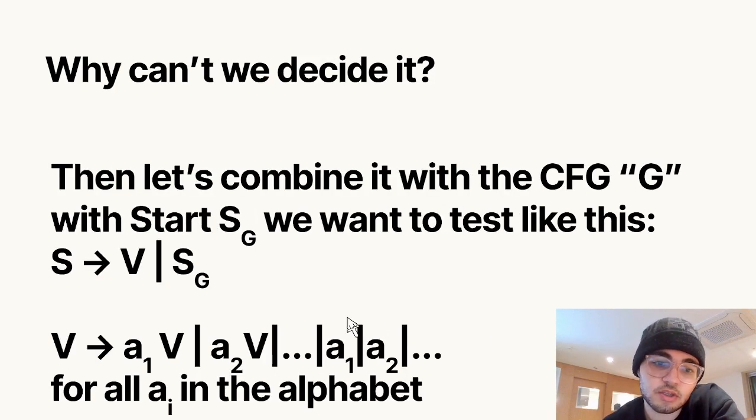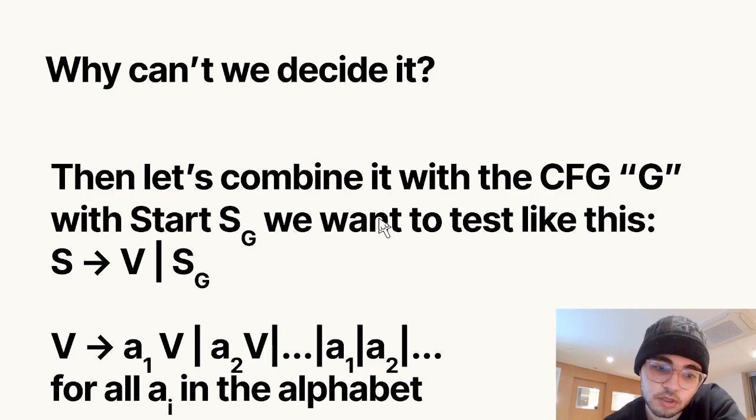So we can see two parts: the start variable of the all-words CFG, and the start variable S of the G we want to check. Here it uses V to generate all the words in the alphabet, and we also have an option to use the other CFG. So this means we can either generate any word this way, or generate all words in the CFG G.